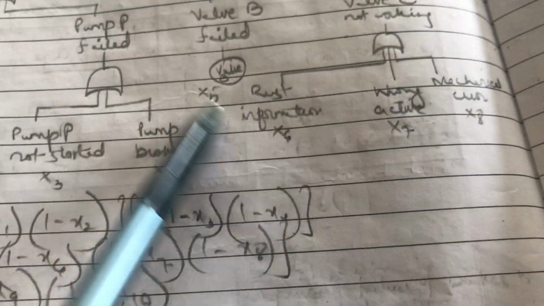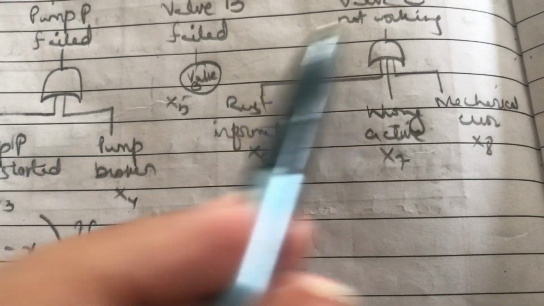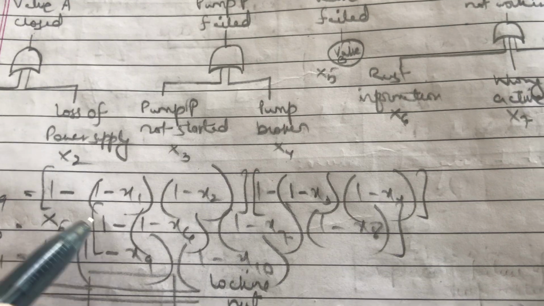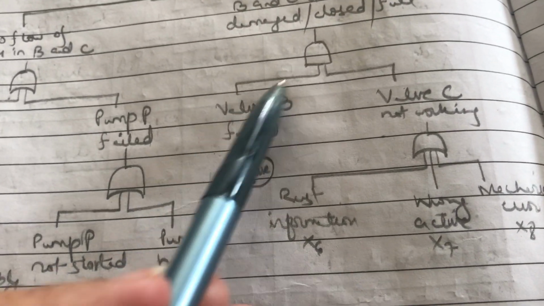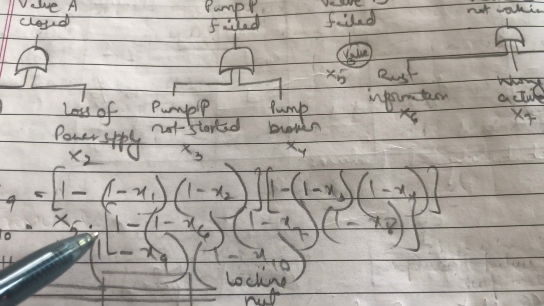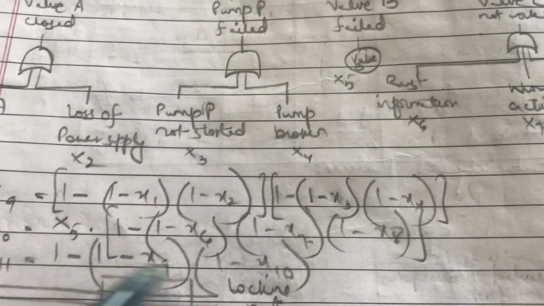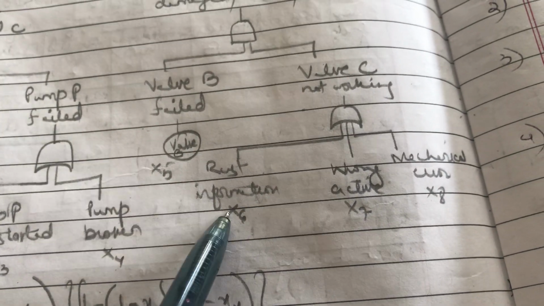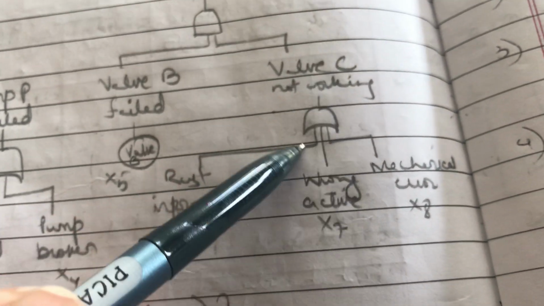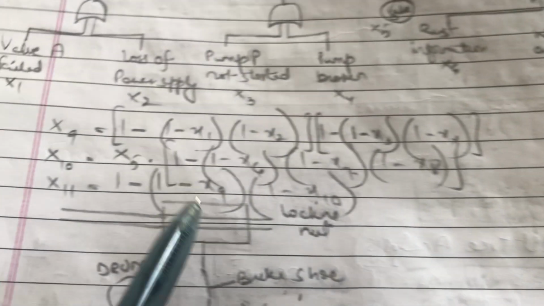And now we can write this also, and we name it as x10. x5 is here, an AND gate, so x5 is going to multiply. Got it? And the rest, x6, x7 and x8, would be represented in the form of an OR gate: 1 minus x6, 1 minus x7, 1 minus x8.